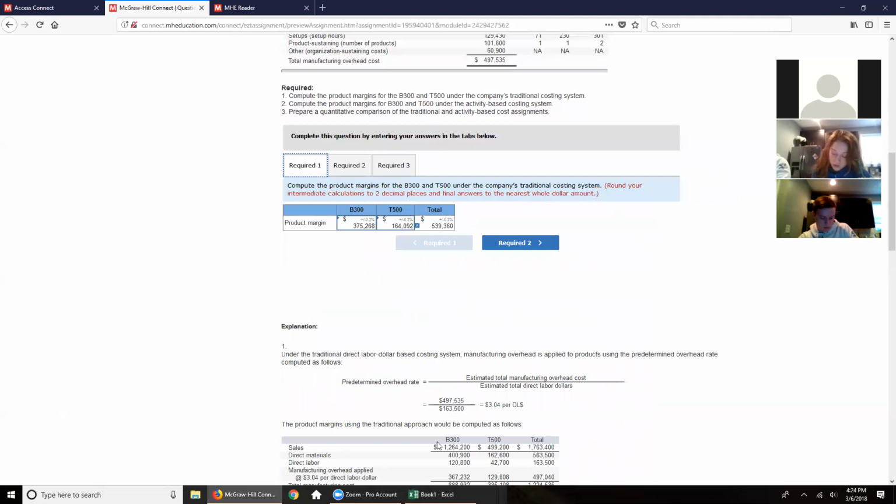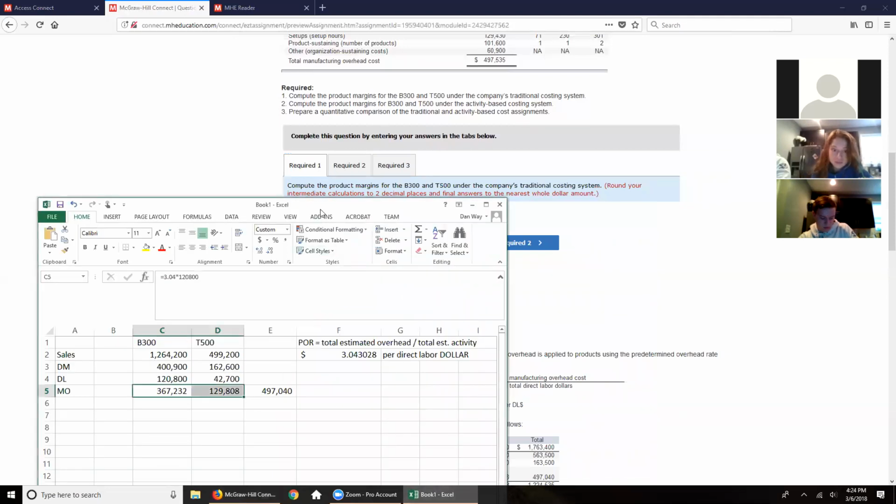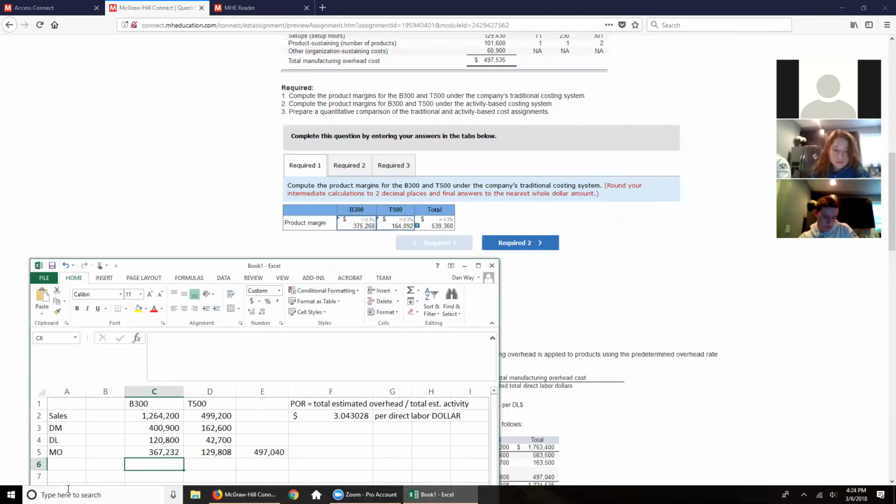Okay, so to finish out the product margin, we've got everything we need. It's our sales minus all the costs we've incurred to produce that product. So for the B300, that comes out to 375 and change if we have the same numbers, and the T500 is much less.